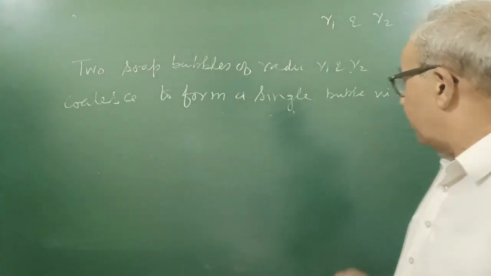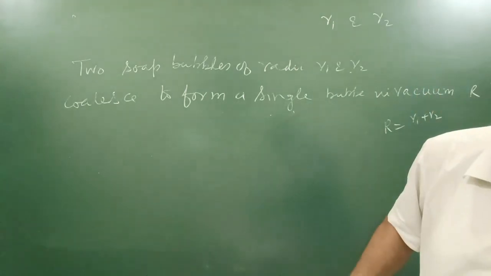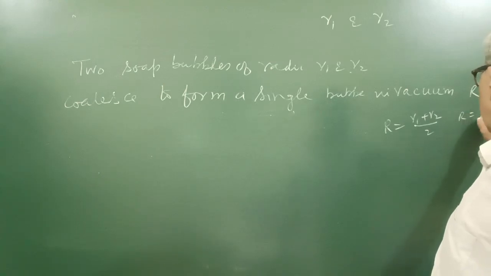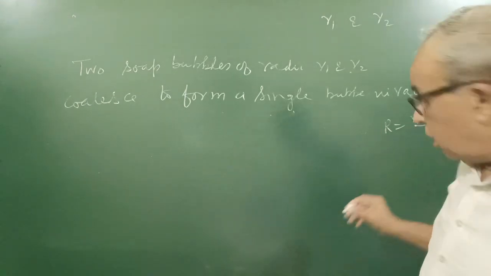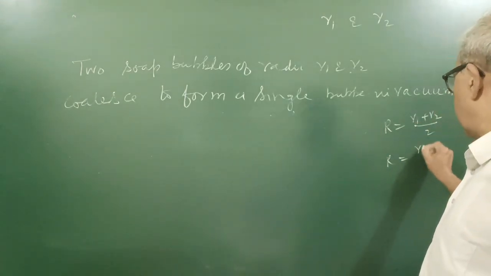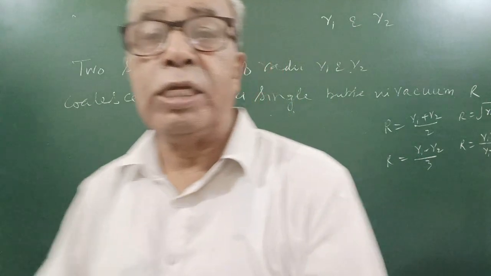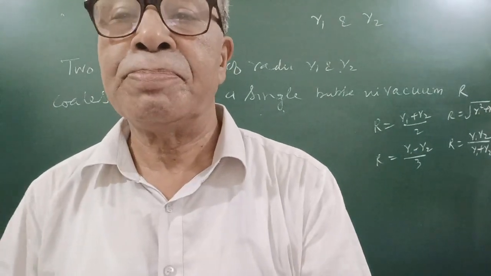The second option is R is equal to under root R1 square plus R2 square. The third option is R is equal to R1 minus R2 upon 2. And the fourth is R is equal to R1 R2 upon R1 plus R2. These are the options here. So which one is true? You have to find this out.